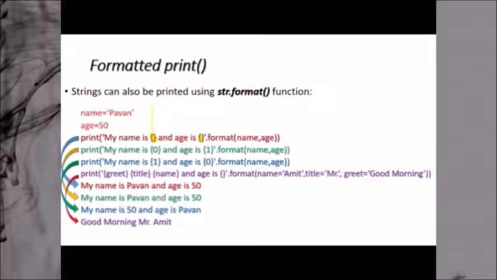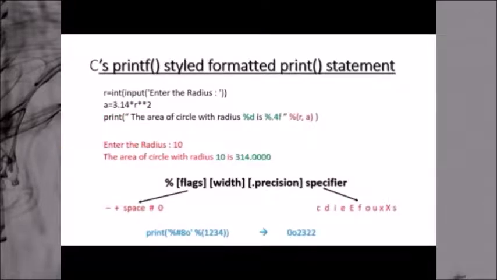And when I execute this statement, the output will be good morning Mr. Amit. Okay, ignore this particular part, this just has to be removed. So you can say name is Amit. This name is overridden here, and this is what you are getting. So this is with the help of the format statement.